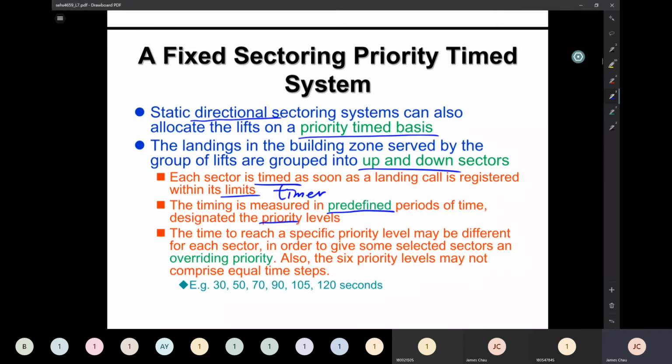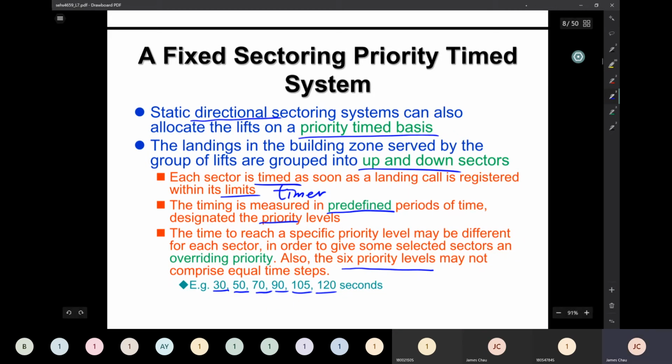You can see our example here. We can have the time limits of 30 seconds, 50 seconds, 70 seconds, 90 seconds, 105 seconds, and 120 seconds. And you can see the difference between the time steps. It can be controlled by the operator, and we classify this period of time into 6 priority levels. They do not have equal time steps.